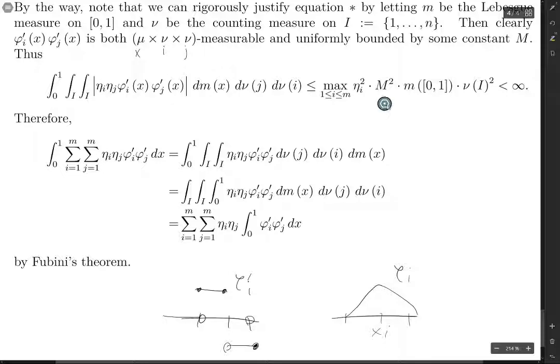This is a finite product of finite numbers, and so it's finite. Because of that, you can exchange these integrals here, and so you start here and you end here. Okay, so that's how you rigorously justify this equation up here.